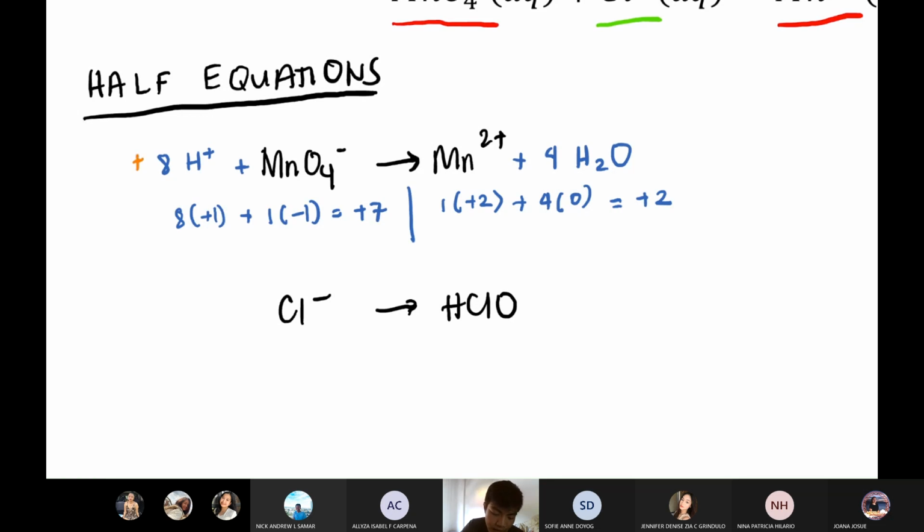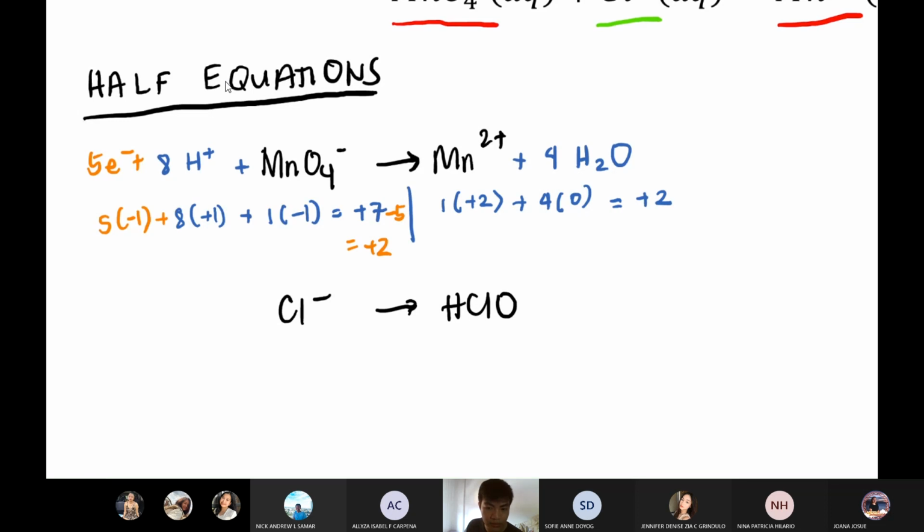No? I need to add 5 electrons. Bakit? Kasi yung difference nila, 7 and 2, ang difference ay 5. So I need to add 5 electrons. Okay? So let's recount the charge on the left side. Recount ulit tayo, kasi nadagdagan tayo ng electron. So 5 times negative 1, so magba-minus 5 to.